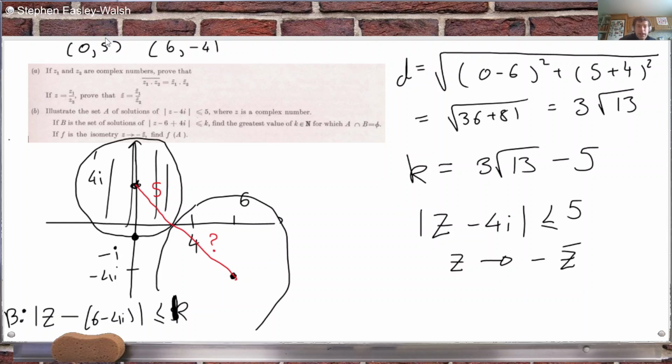I think that would be the interesting thing here, because the radius is not going to change under such a transformation, just the location of the center. So for example, if you had 0 plus 5i, if you conjugate that, you get 0 minus 5i, and then you have to minus it as well. So you're actually just back with 0 plus 5i.